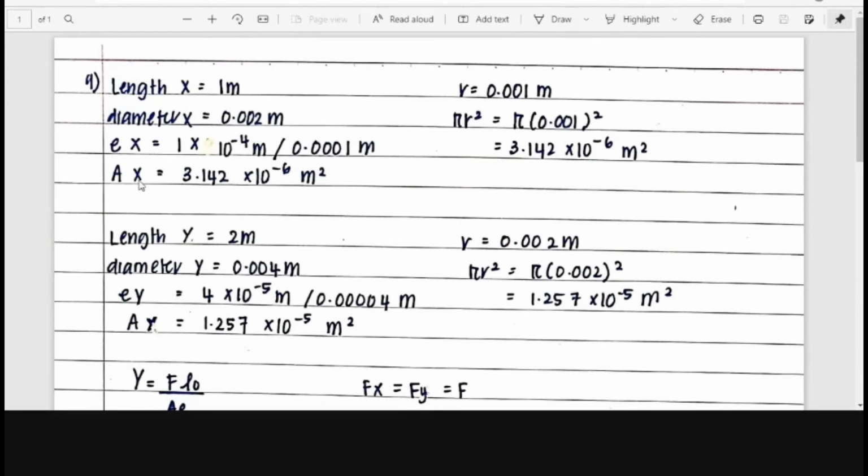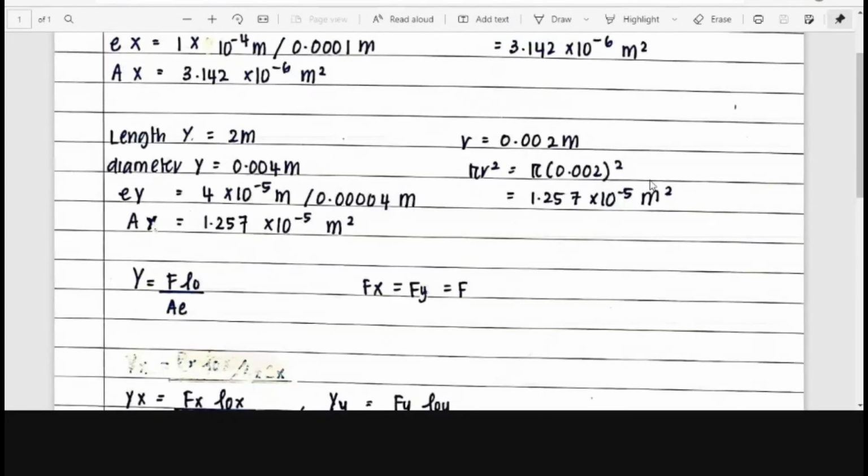Daripada diameter tu bahagi 2. Lepas tu masuk dalam formula pi r square, dapatlah untuk wire X kita dapat 3.142 darab 10 kuasa negatif 6 meter square. Kalau untuk wire Y kita dapat 1.257 darab 10 kuasa negatif 5 meter square.